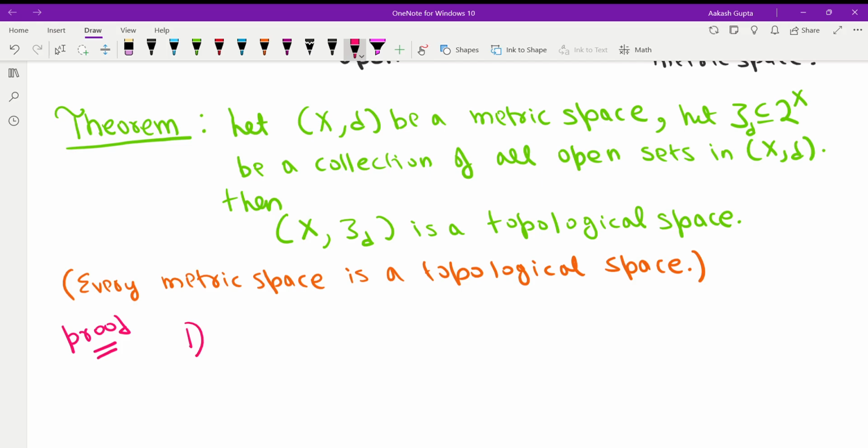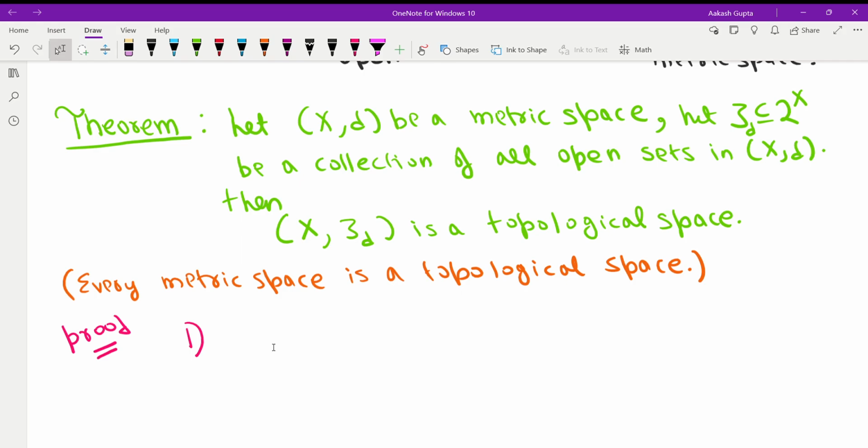Proof. Number 1. Let us recall the definition of topological spaces. Let me verbally say it. You have already seen it in session 1. So what is a topological space?